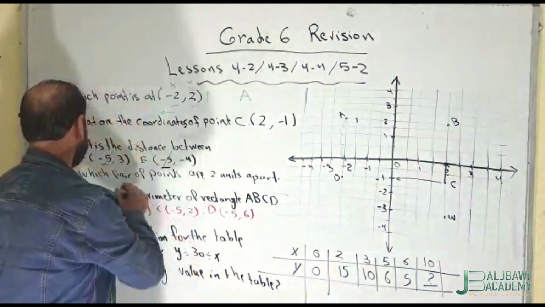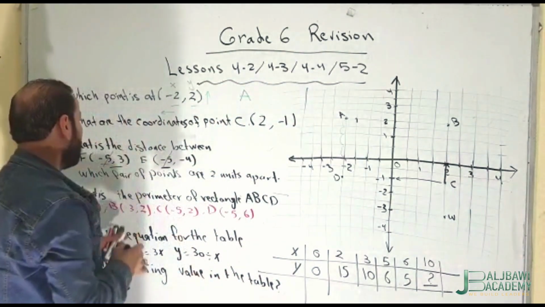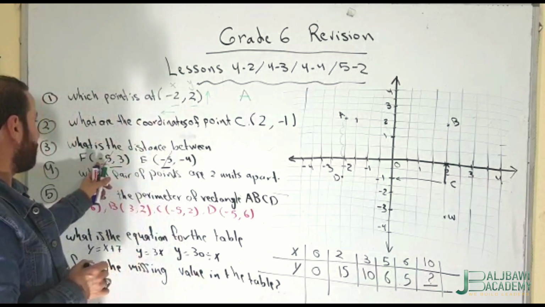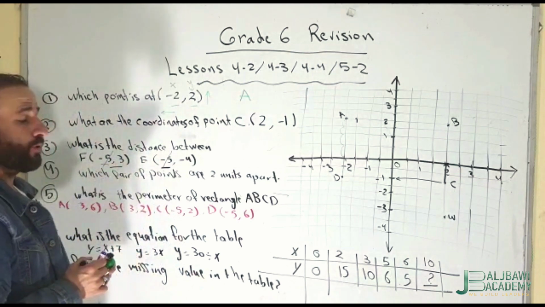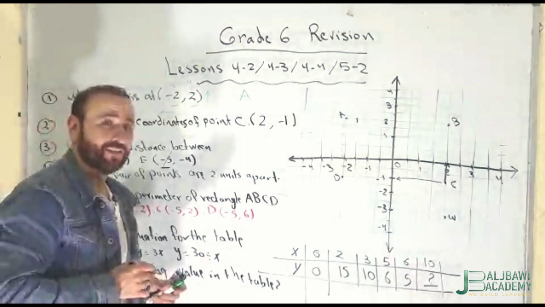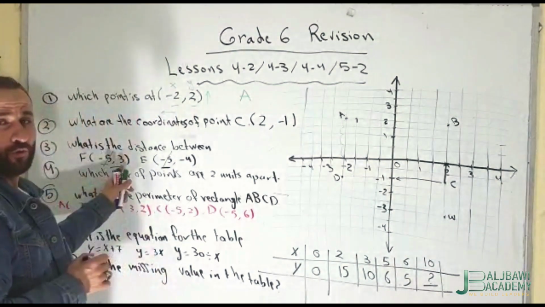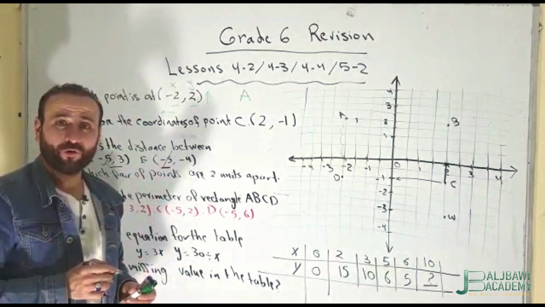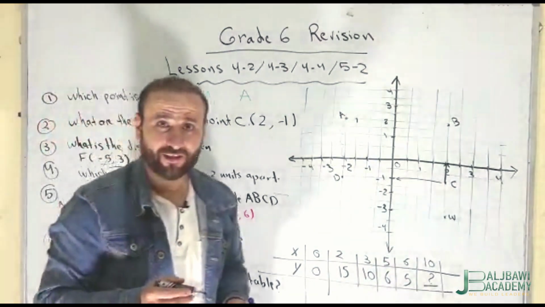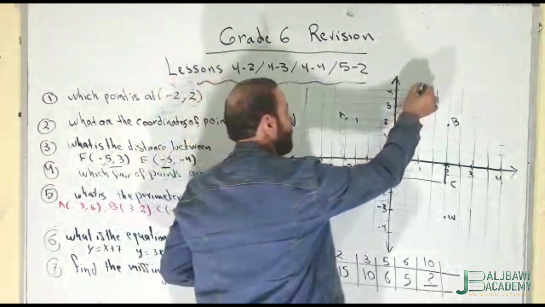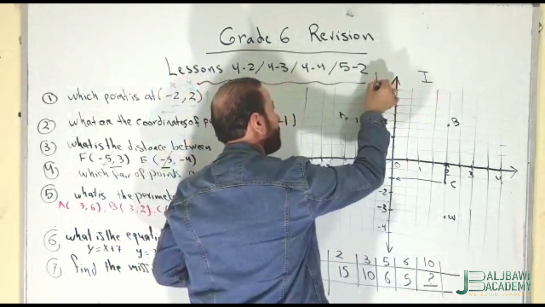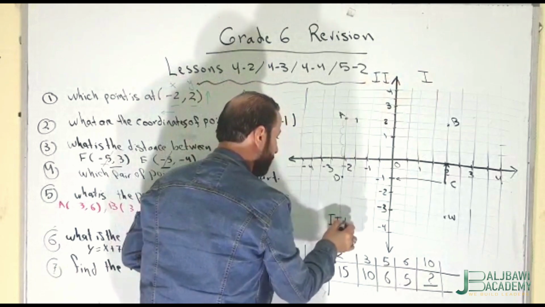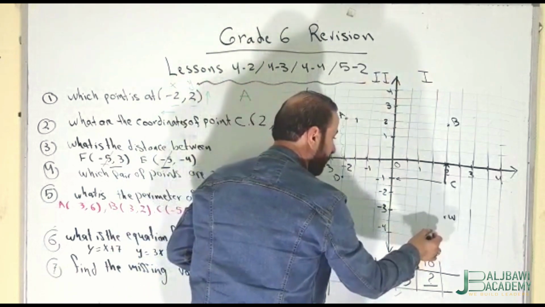In this case, point F has x negative and y positive, so it is in quadrant 2. And the point (-5, -4) is in quadrant 3. By the way, this is quadrant 1, this is quadrant 2, this is quadrant 3, and this is quadrant 4.